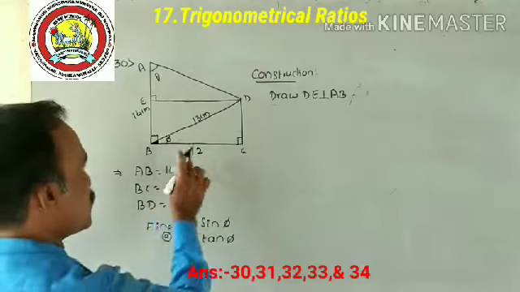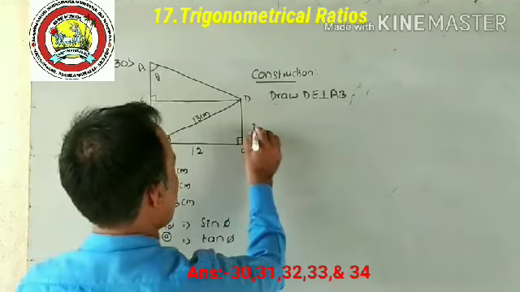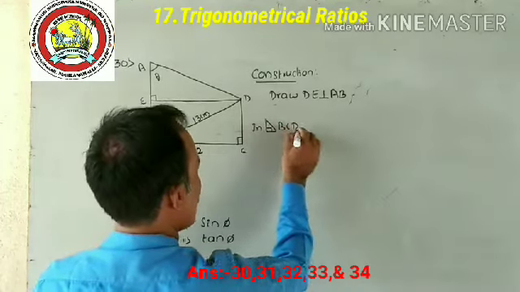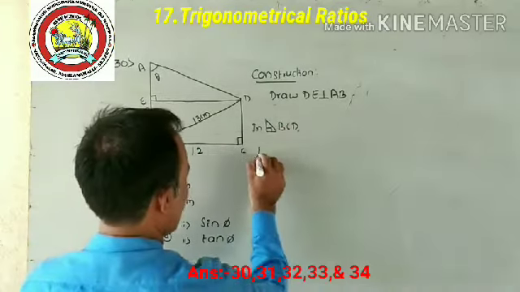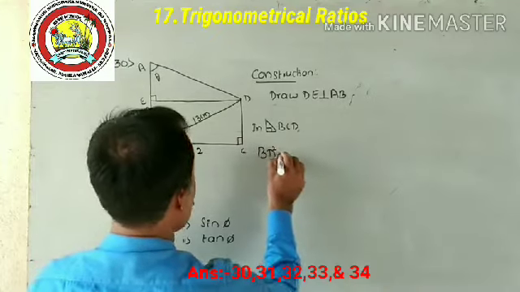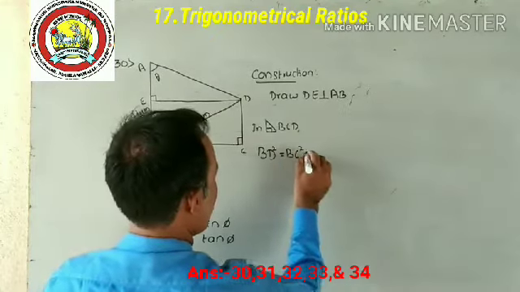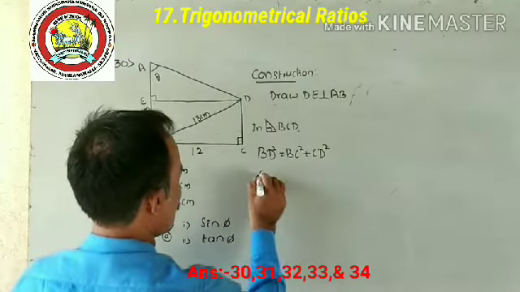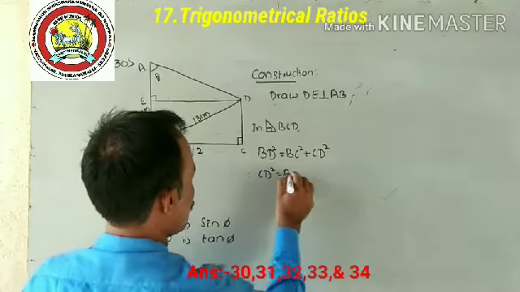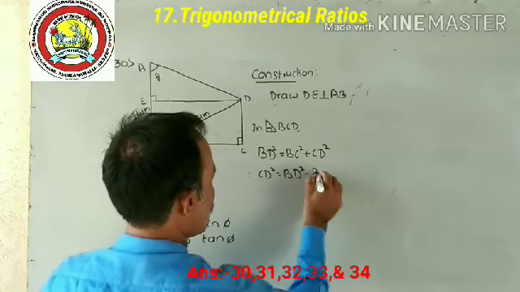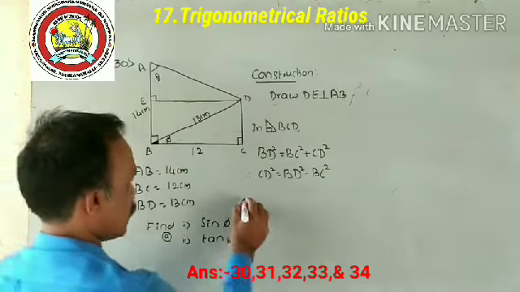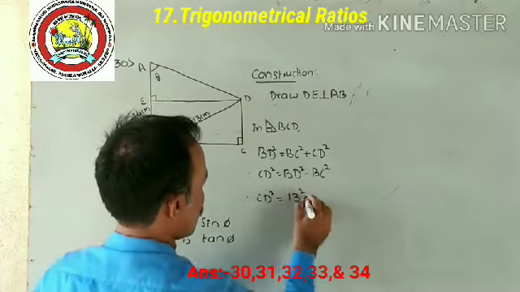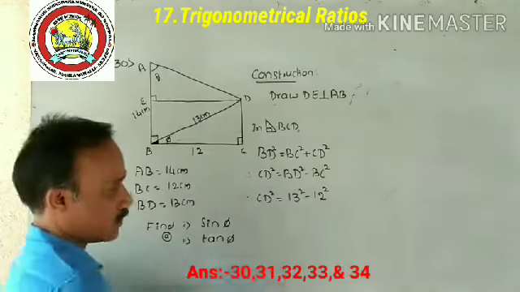First for the triangle BCD, let's apply the Pythagoras theorem: BD square is equal to BC square plus CD square. Therefore CD square is equal to BD square minus BC square, which is 13 square minus 12 square.